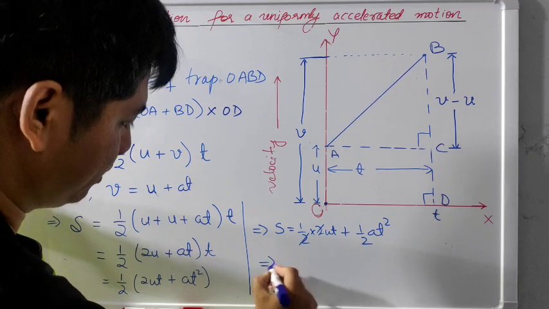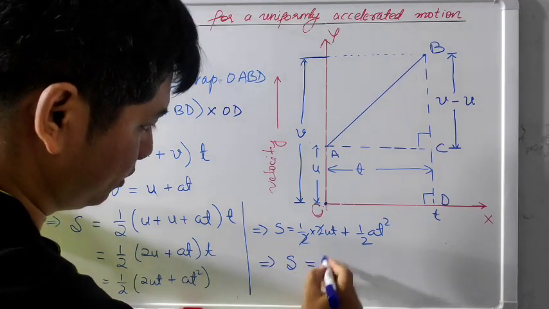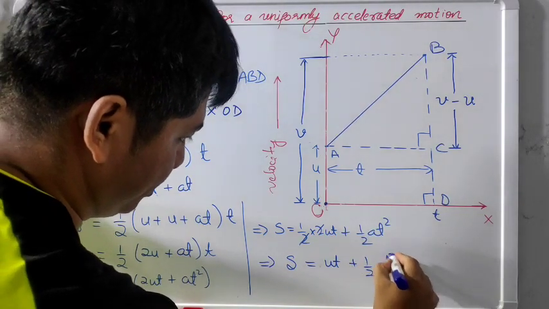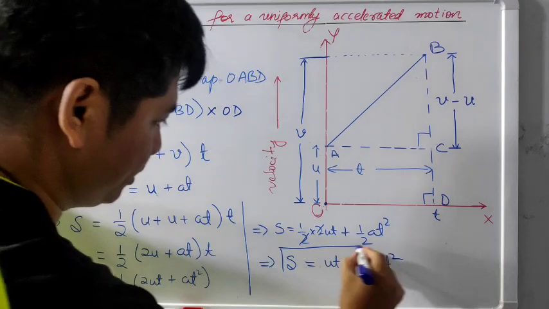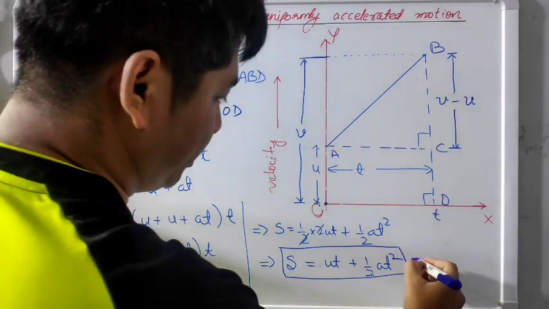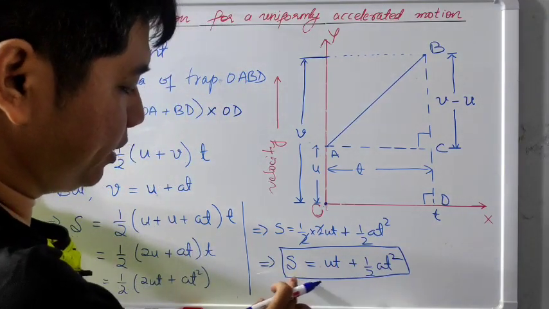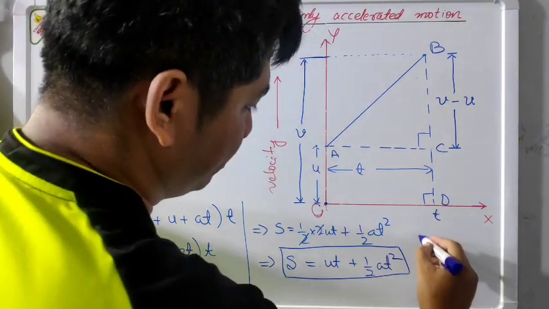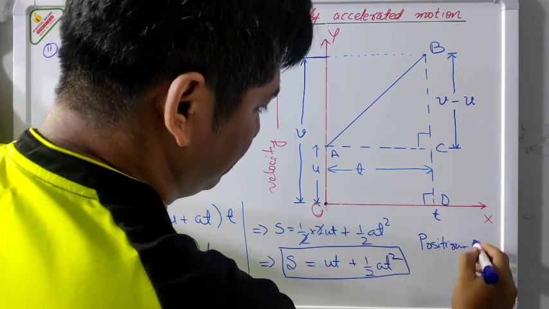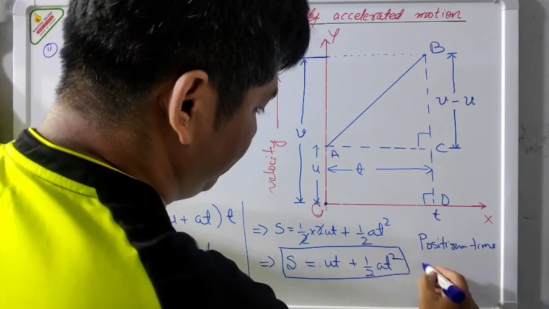Then we get s equals ut plus half at square. This is the second equation of motion, and it is also called the distance time relation, or position time relation.